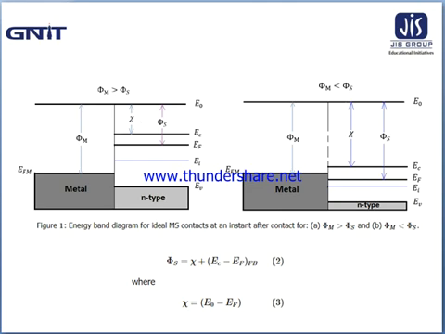If there is no electron movement during the contacting process, the band diagram for the contact will be as in figure 1, where there is a mismatch between the Fermi energy in the metal, that is EFM, and the Fermi energy in the semiconductor, that is EFS.